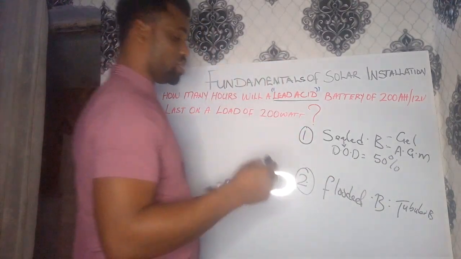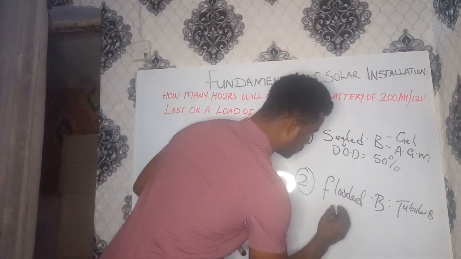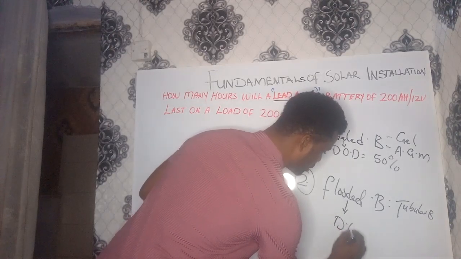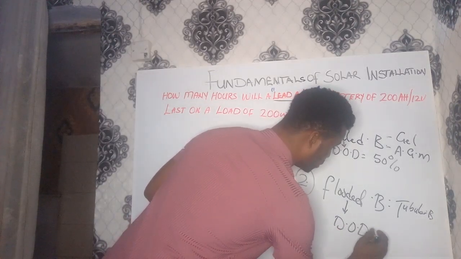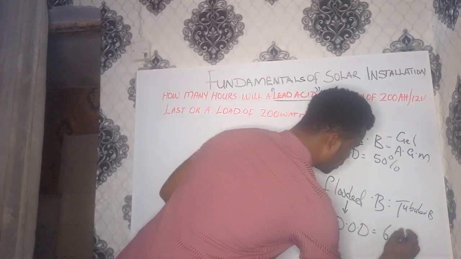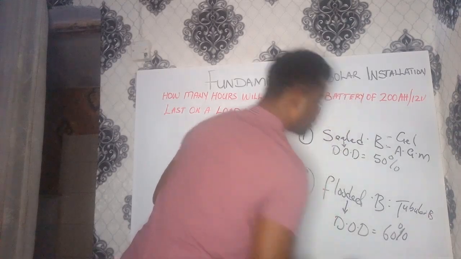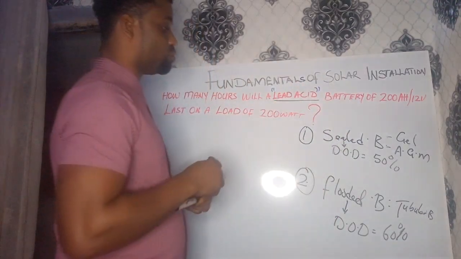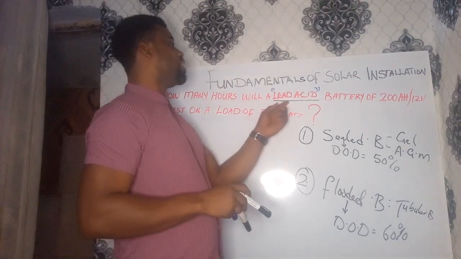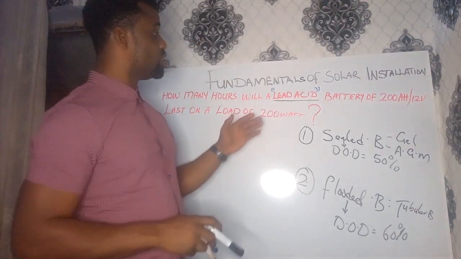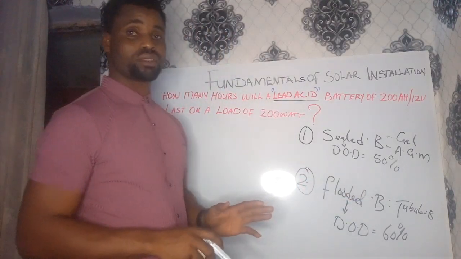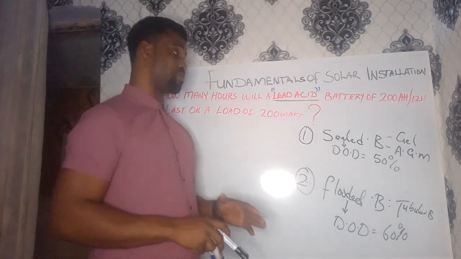The DOD of a flooded battery is 60%. You don't drain it more than 60%. If you drain a lead acid battery to 0%, that battery is gone. It will never come alive again.